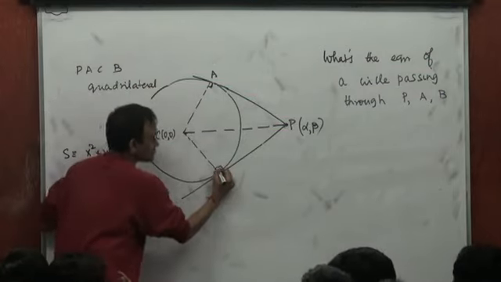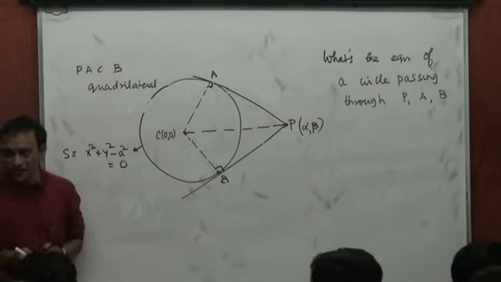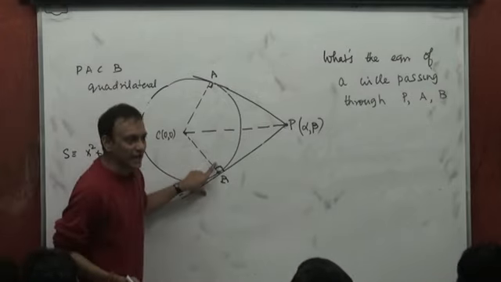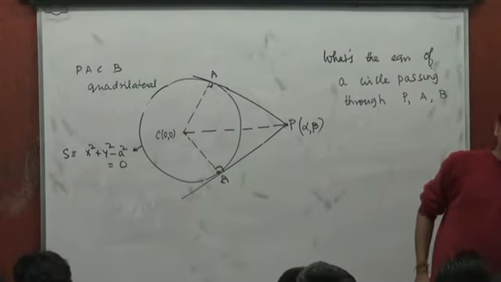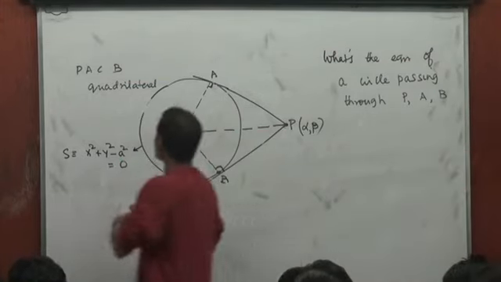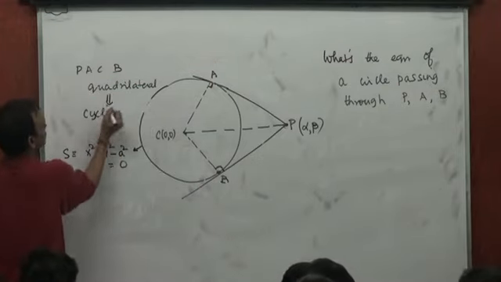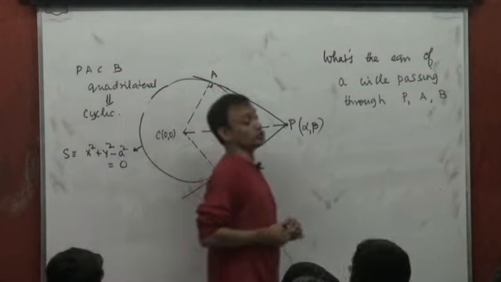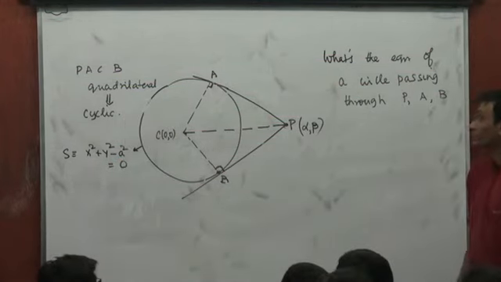This plus this, 180 degrees. It's a cyclic quadrilateral, yes or no? A pair of opposite angles supplementary will cause it to become a cyclic quadrilateral, right? So PACB is not just a quadrilateral but is a cyclic quadrilateral. Okay. Which means what?